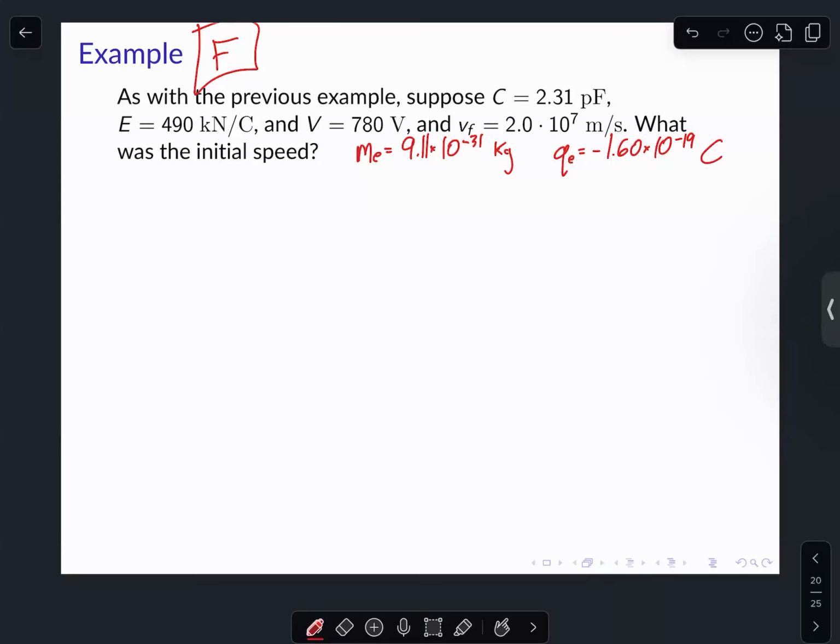And I'm asking for the initial, and it is attracted to the positive plate. Your initial had better be smaller than your final.